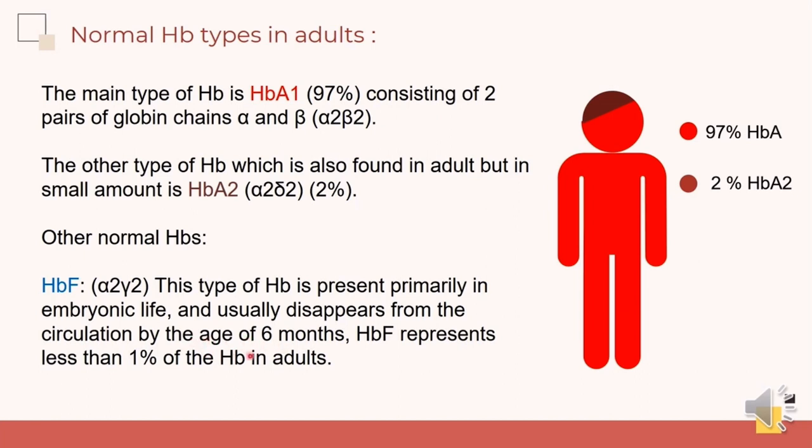So by the age of 6 months, the HbF will be replaced by HbA, and HbF remains only less than 1% of hemoglobin in adults. So we have 3 types in adults. We have HbA, which is 97%, HbA2, which is only 2%, and HbF, which is less than 1%.